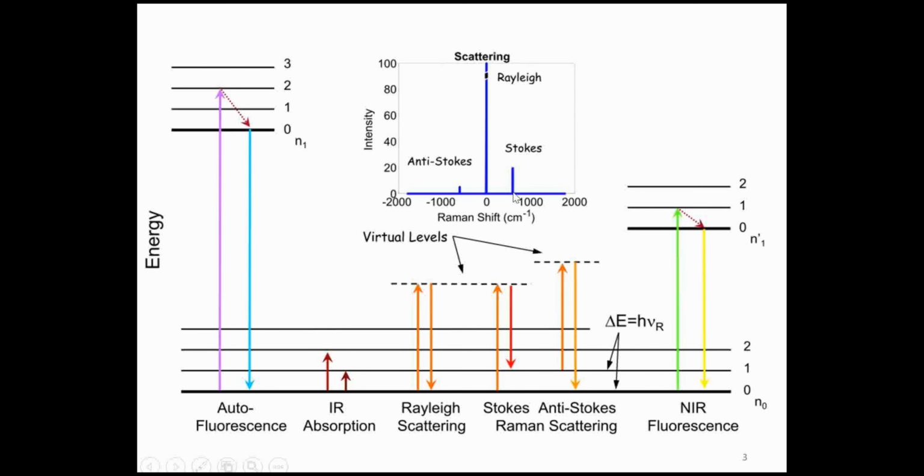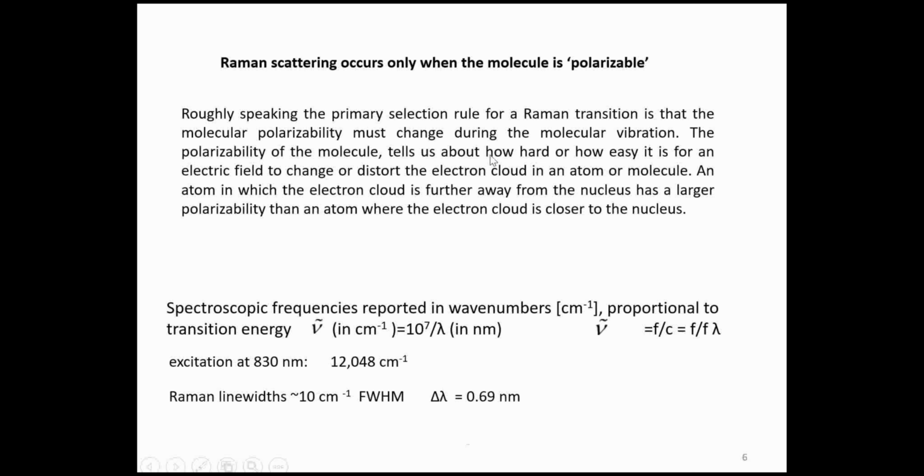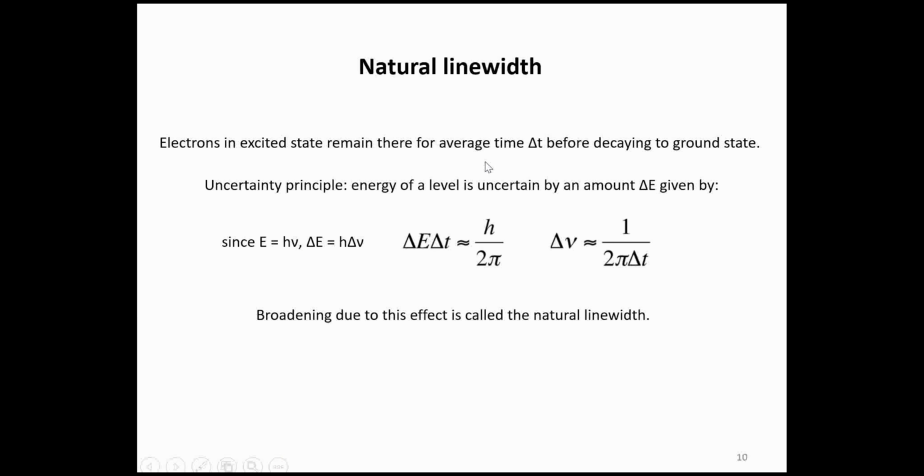Why do we have some line width in our practical observations? That is due to the fact that an electron in the excited state remains there for an average time delta t. Okay, so this we cannot control.